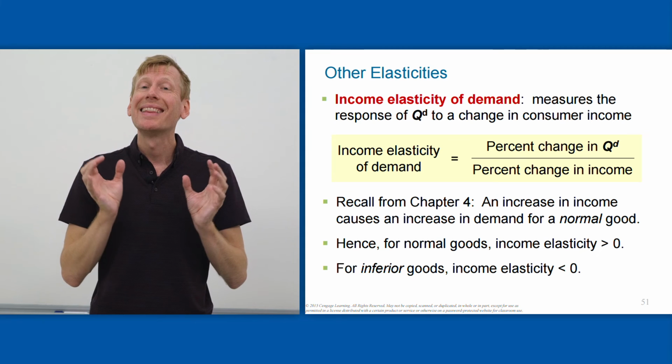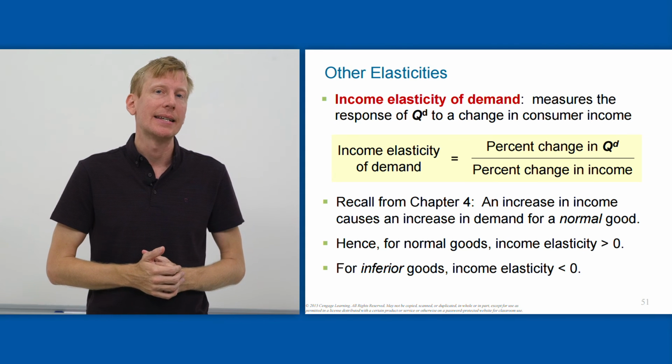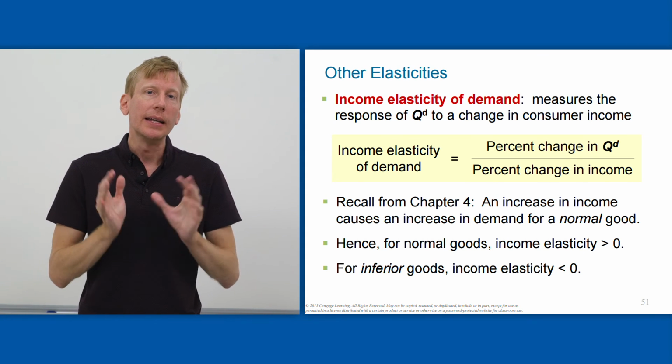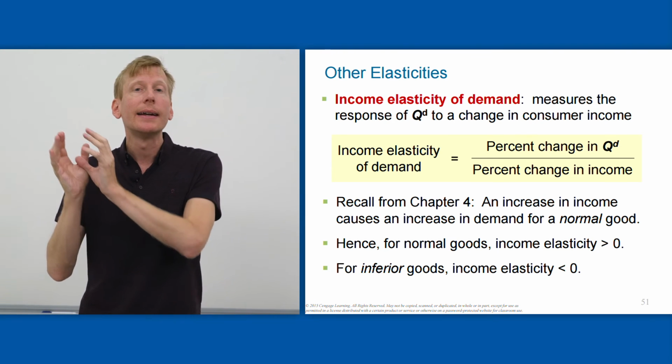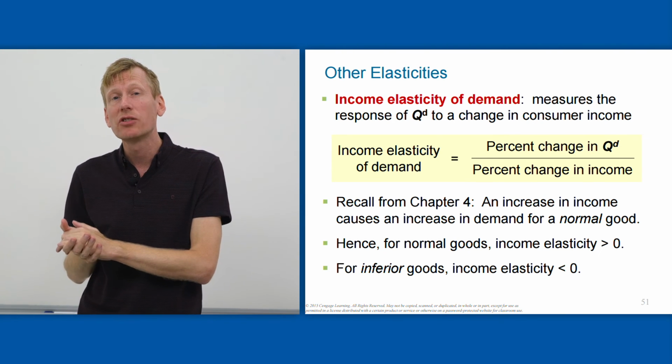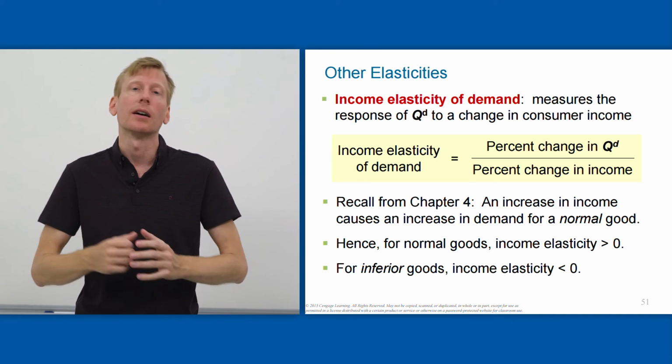The first to mention, the income elasticity of demand. The income elasticity of demand is the percentage change in the quantity divided by the percentage change in the person's income.